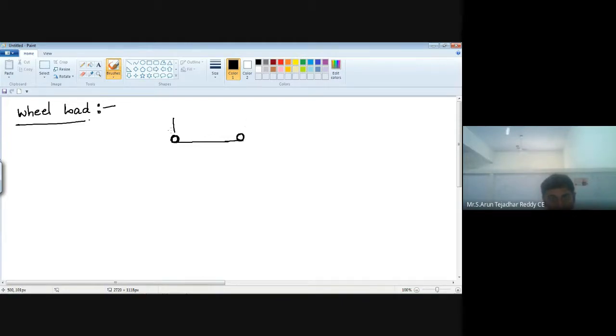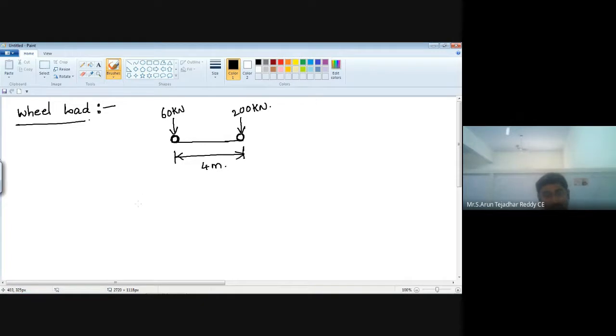Now what is the given load here? This is our 60 kilonewton load. This is our 200 kilonewton. Span is 4 meter. Suppose there is a bridge, or else suppose you can see in your floors.